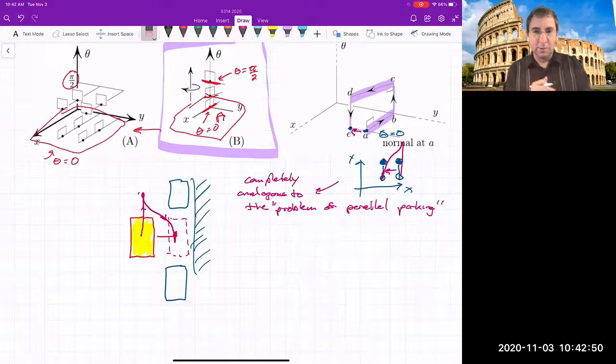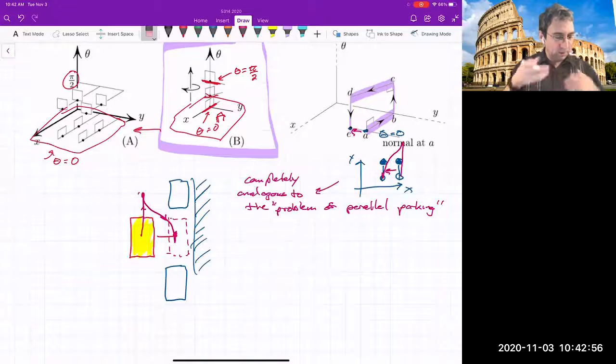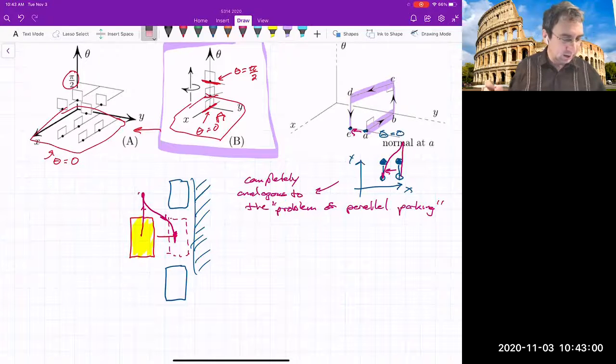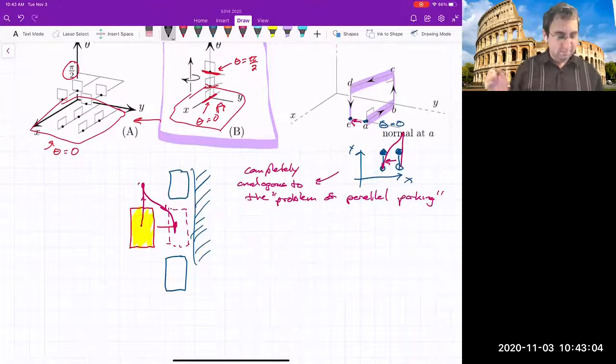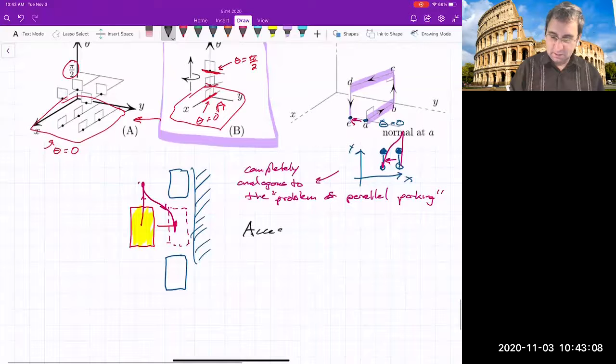There's no way I could go sideways. So parallel parking is an inherently nonlinear phenomenon, and if all we wore were linearized glasses of the world, we'd never know how to do it. So there are interesting questions related to accessibility of configuration space when you have constraints.